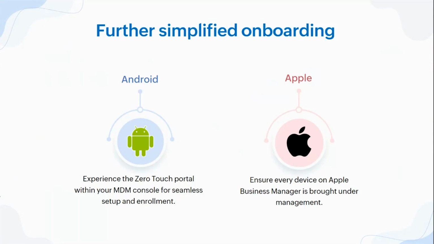To handle these scenarios better, we have made it possible to customize the ABM portal sync time as per your own reseller schedule so that the devices are enrolled and provisioned correctly before being given to your employees. This means devices will get added to the MDM server as and when your reseller adds them to your ABM portal, ensuring all devices are enrolled into MDM when they're activated.